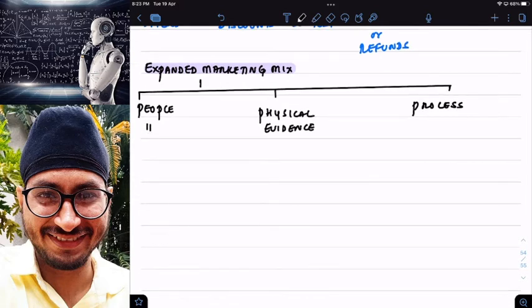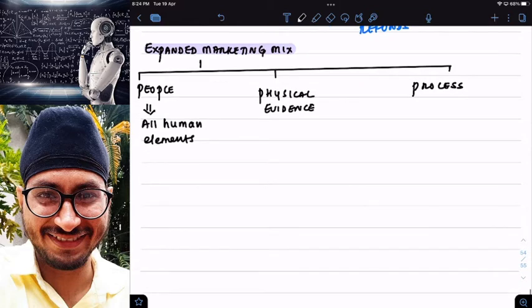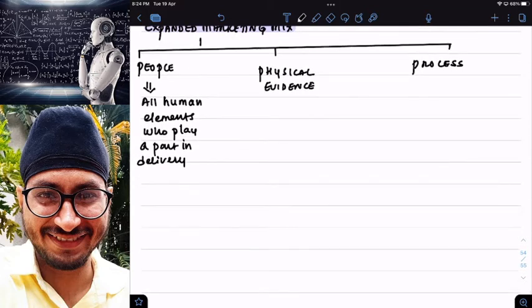All human elements who play a part in delivery of the market offering to the customer. All people who are involved in delivering the goods to customers are called what, sir? People. Clear?